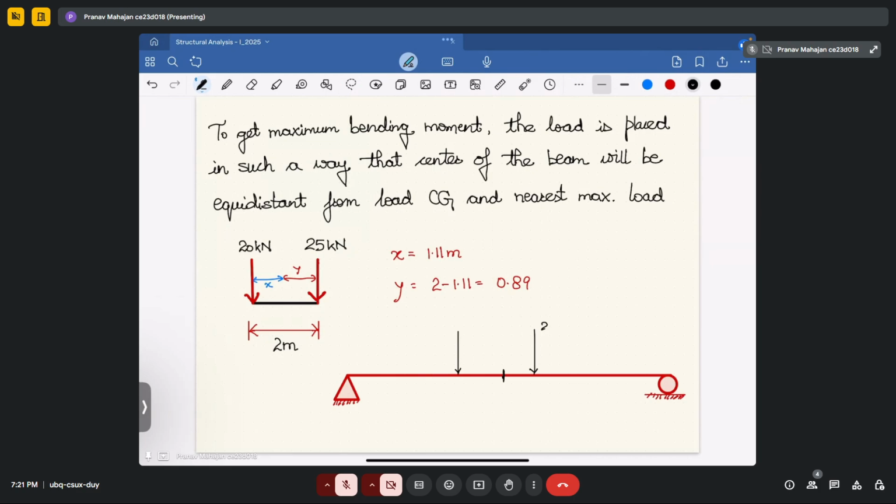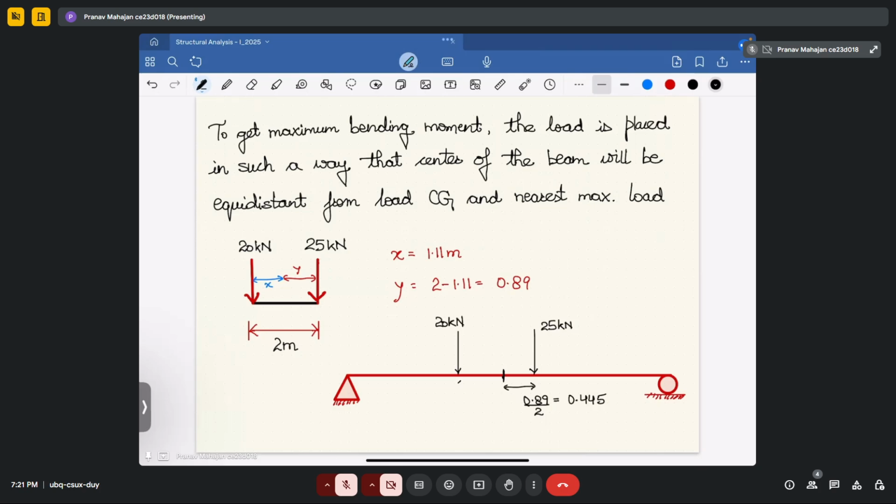Okay, so this is 25 kilonewton and this will be 20 kilonewton, and this distance C is the most important thing. This distance will be 0.89 divided by 2, equal to 0.445. Fine.